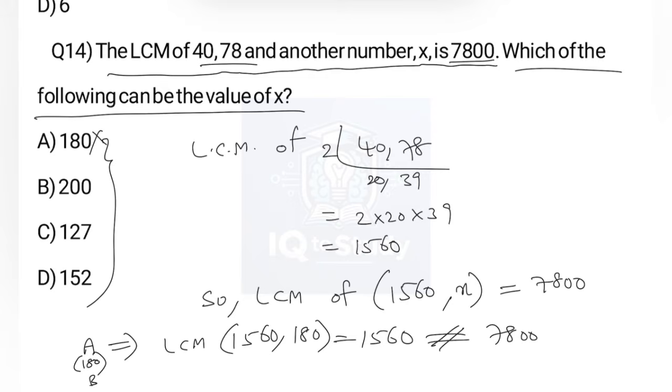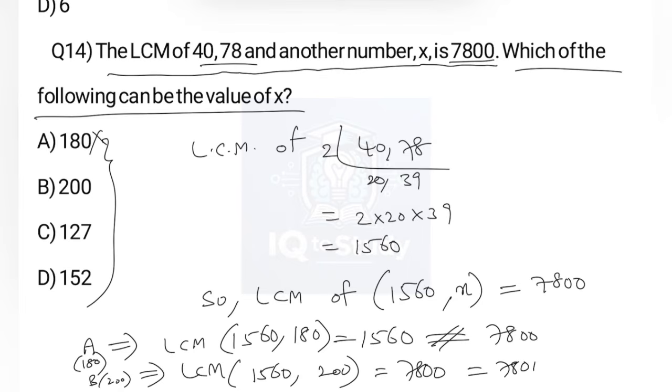Let's consider option B, 200. So, LCM of 1560 and 200 is equal to 7800. So, this is equal to 7800 as per the question. So, option B is correct. So, x is equal to 200.